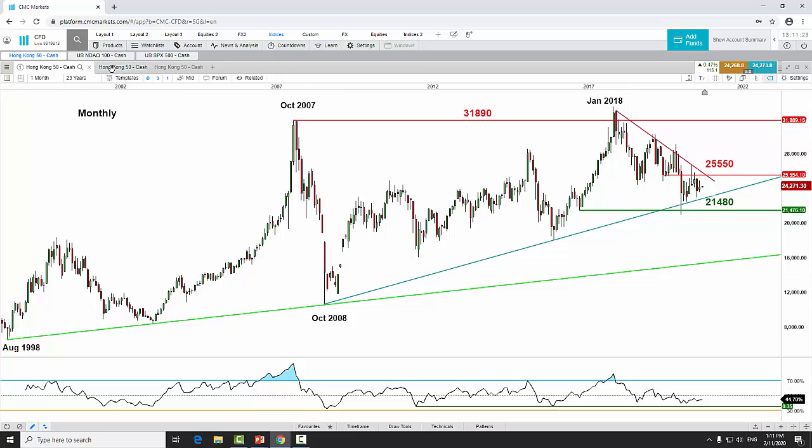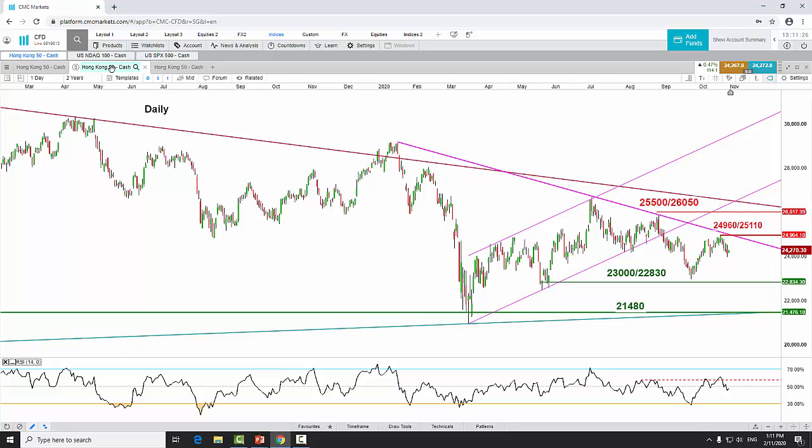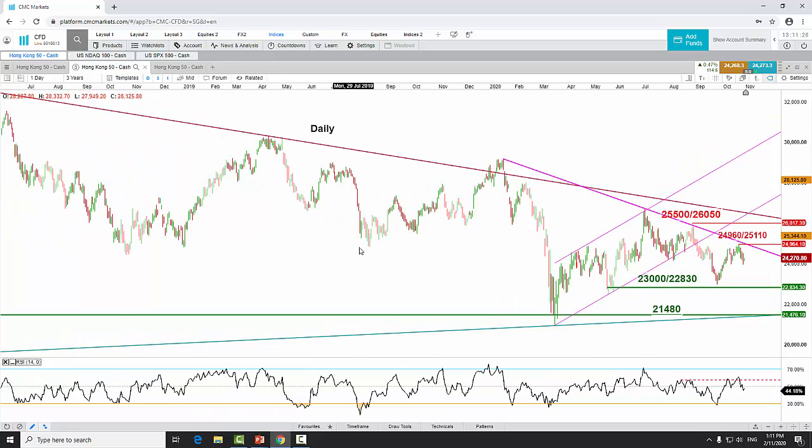All right, so now let's move on to the daily chart, the medium time frame chart, where I'll highlight several key elements to watch from here.